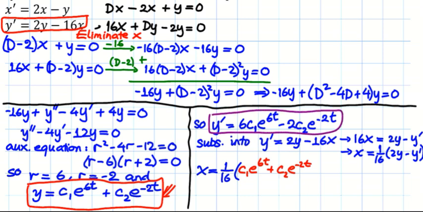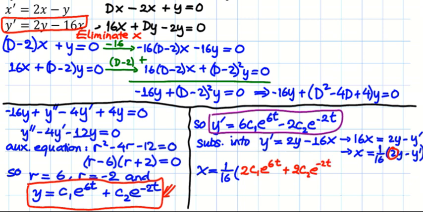Don't forget, I did forget that there's a 2 in front of y, so let's multiply this by 2: 2 c1 e to the 6t plus 2 c2 e to the negative 2t.